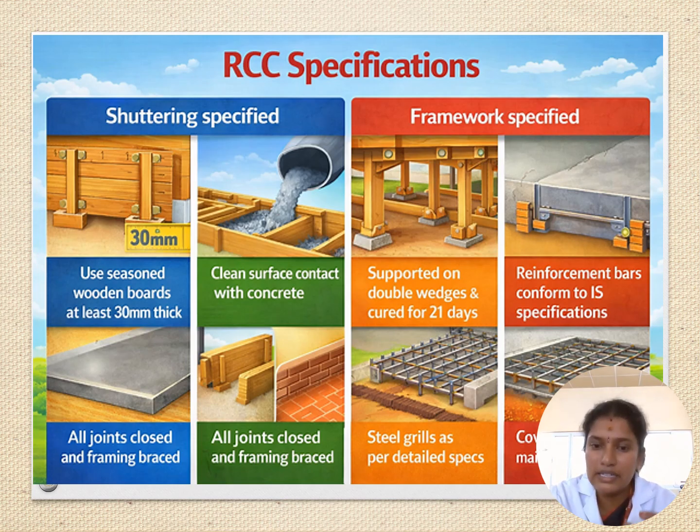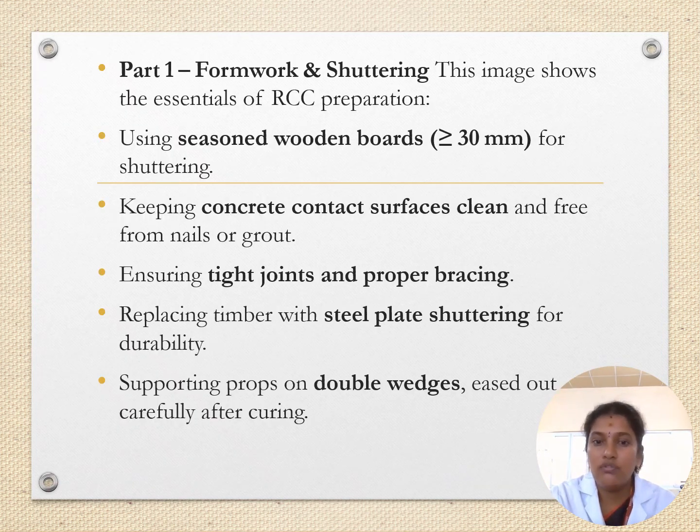What are the detailed works to be done here for this particular item of work? First one, the framework and shuttering. After that, nails and other fixing systems are included in this section, keeping the concrete free from the contact surfaces. They have to have proper jointing, and we have to ensure proper jointing systems.